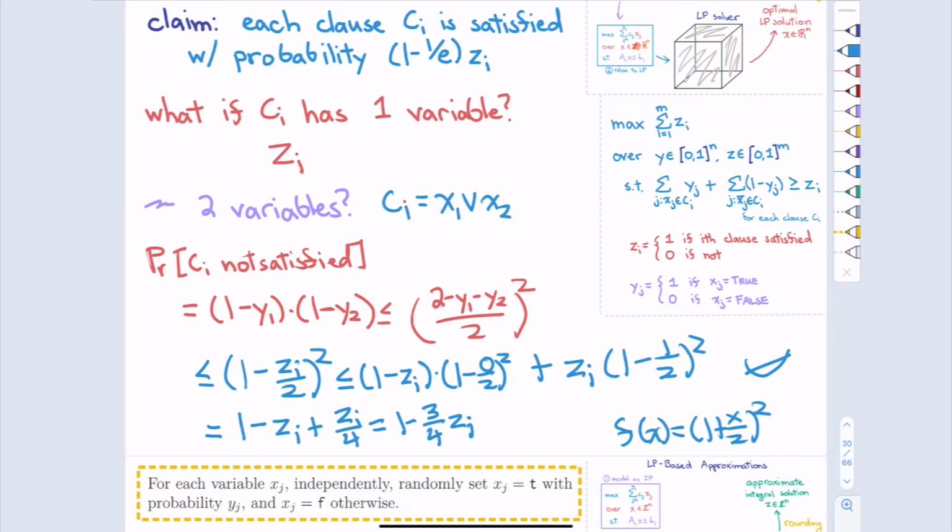So the probability that Ci is not satisfied is 1 minus 3/4 zi. So the probability that Ci is satisfied is at least 3/4 times zi. Okay, so 3/4 is actually bigger than 1 minus 1 over e. 1 minus 1 over e is like 0.68 something. So we get a better bound for this case as well.